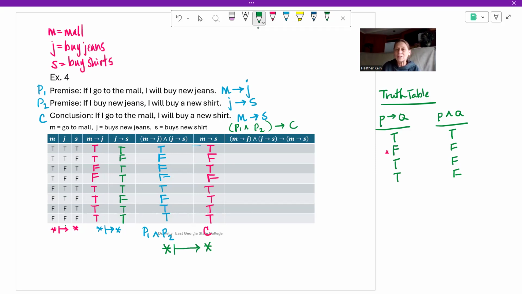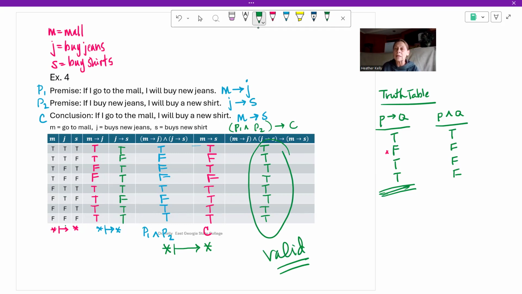And we're going to do it one more time with the truth table for the conditional. So true, true is true. False, false is true. False, true is true. False, false is true. True, true is true. False, true is true. True, true is true. True, true is true.